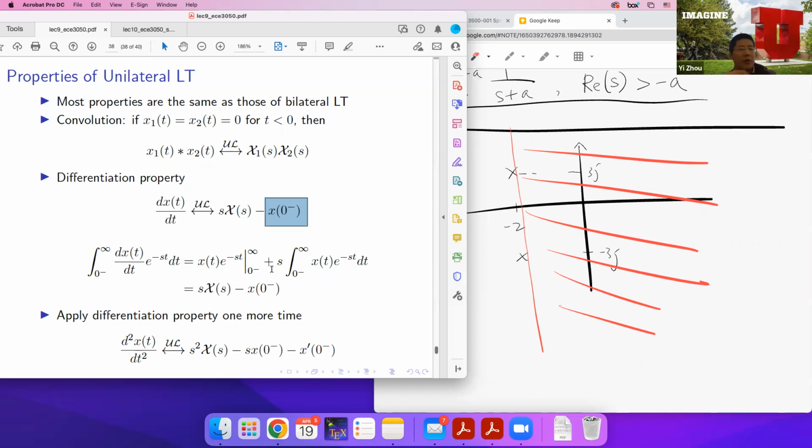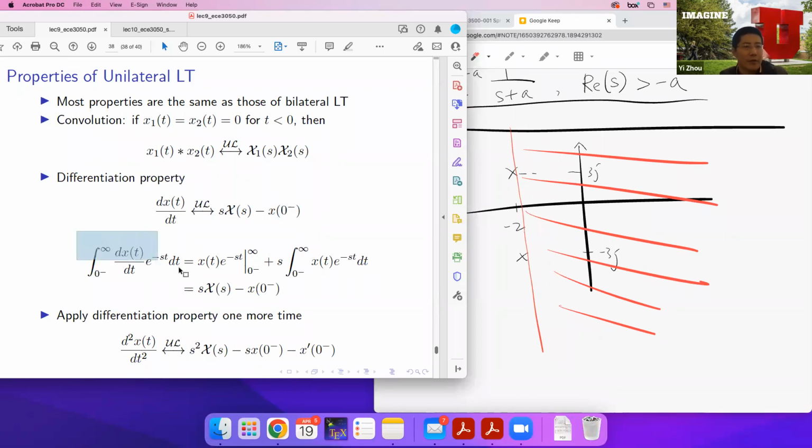This is how the initial condition starts to play a role in the unilateral transform. If you do a normal bilateral Laplace transform, we don't have this, right? We just have S times X(s). But in the unilateral transform, we have this initial condition.